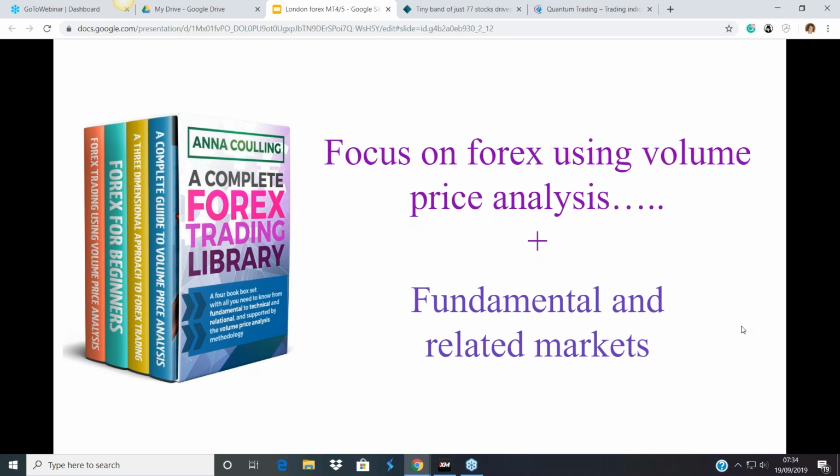I've got a very, very interesting example for you for the pound New Zealand, which is a pair that I've been writing about a little bit on my Facebook page called Learn Forex Trading.